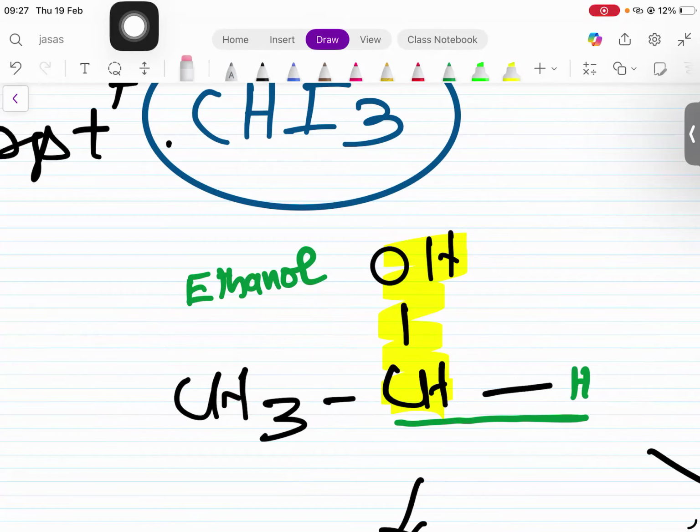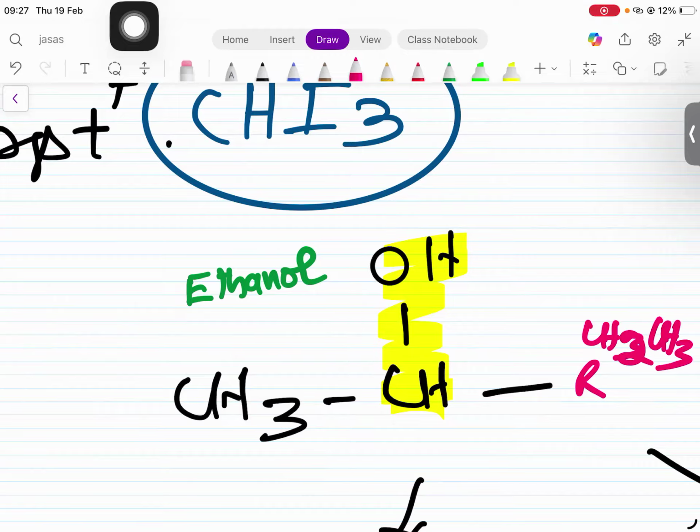Similarly, if I change this with R, an alkyl carbon chain, it's a CH3, let's say. It's propan-2-ol. Will it give? So it means secondary alcohols will give this test positive. If I change it to CH2 CH3, will it give?